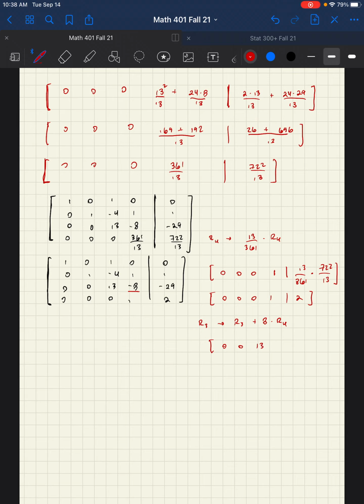That should give us 0, 0, 13, because row 4 in the first 3 spots is just 0. Then 8 times 1 is 8, plus negative 8 is 0. And then 8 times 2 is 16, plus negative 29 gives us negative 13. That's nice.